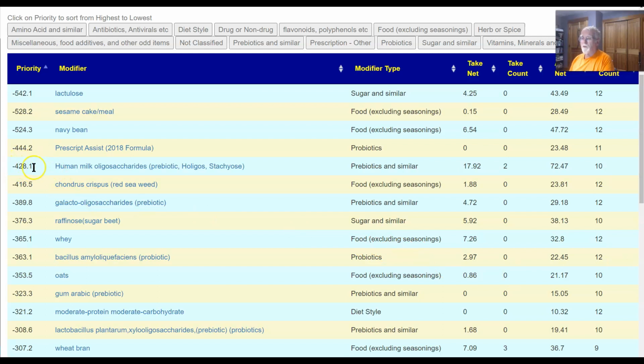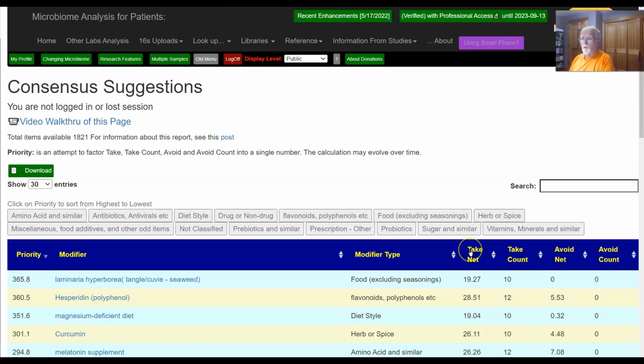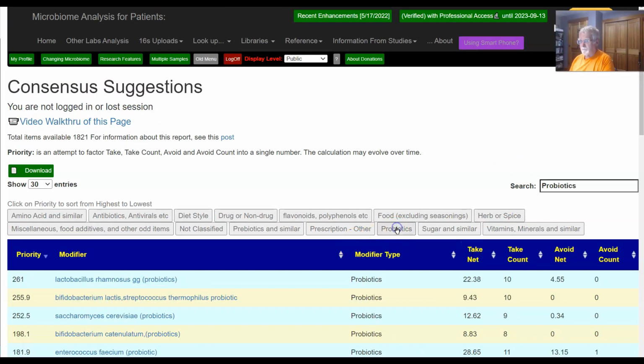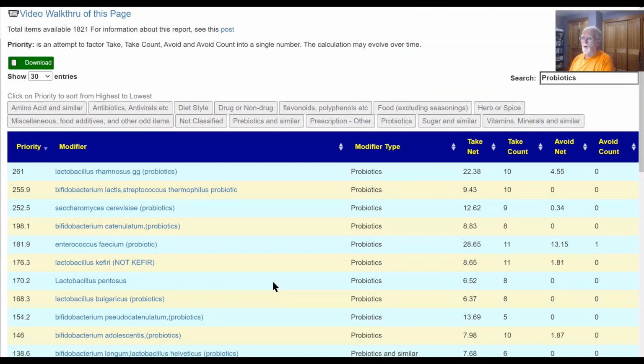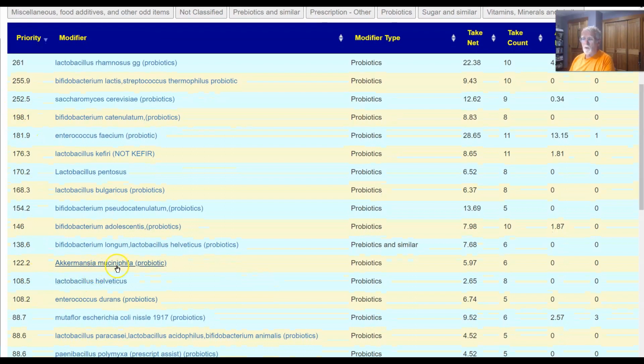Artificial aggregation is sitting here. So you see it's pretty much near the top of the avoid list. So we can go and do there. If we're on the site, we can do things like selecting which probiotics are the ones which are suggested and the estimated weight. We did notice, for example, Akkermansia, a person was below the desired range, and here we have it as being suggested to help improve the microbiome.